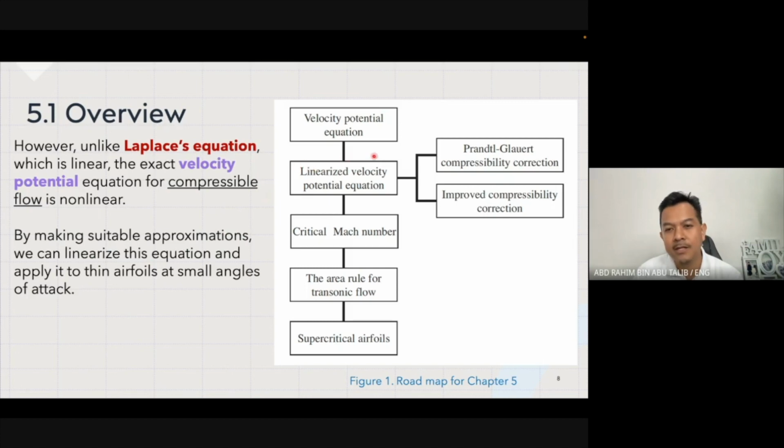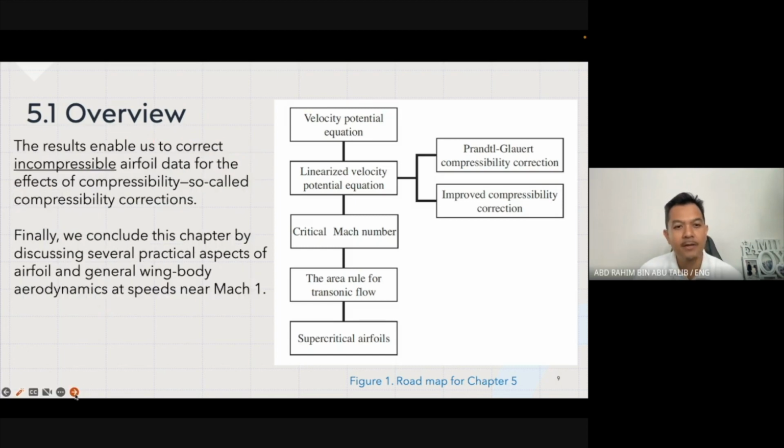This is where the topic on the linearized velocity potential equation comes in, applied to a thin airfoil at small angle of attack. The results enable us to correct the incompressible airfoil data that we learned in the previous subject, not this subject, for the effect of compressibility, the so-called compressibility correction. Under the linearized velocity potential equation, we will look at the Prandtl-Glauert compressibility correction, because earlier it was incompressible airfoil data.